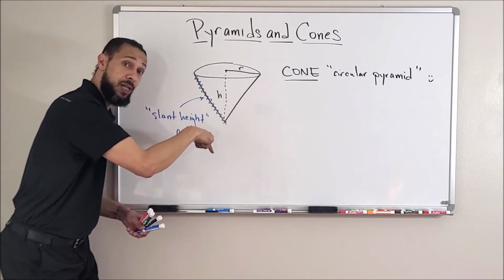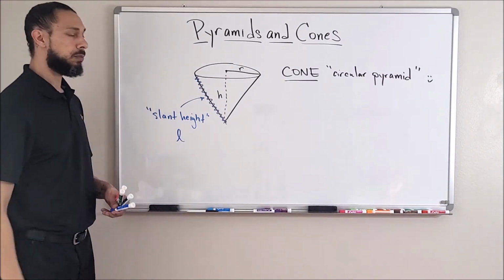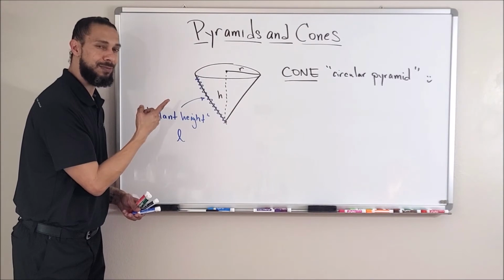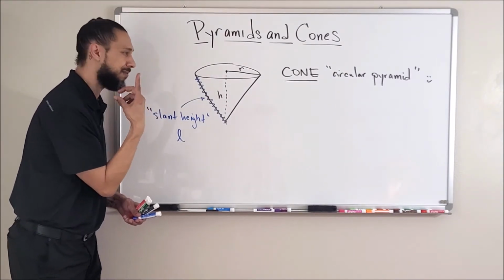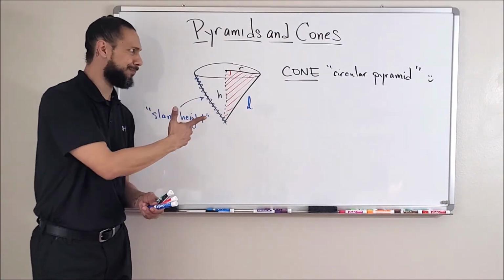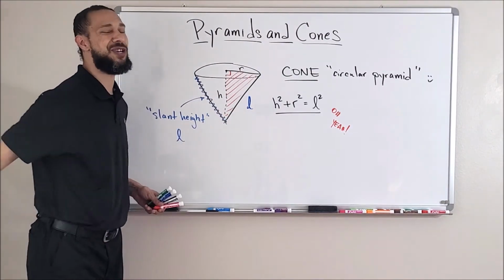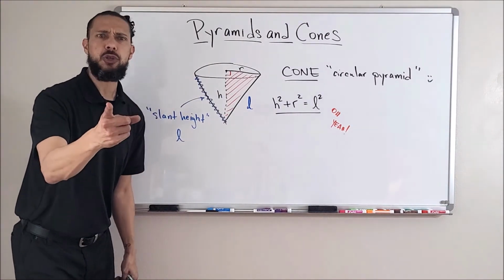That's the vertical height, H. And you have what's called the slant height, L. You see anything inside that cone that looks familiar from inside the pyramid? It looks like another one of those right triangles, a right triangle we can use the Pythagorean theorem for.